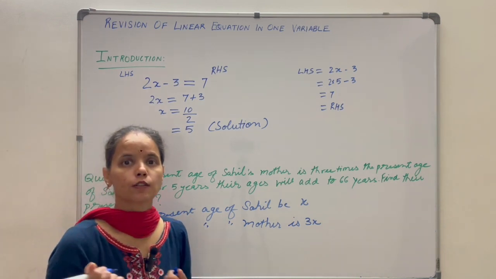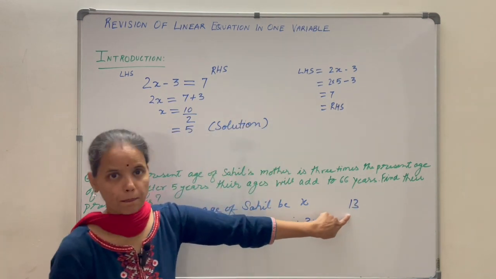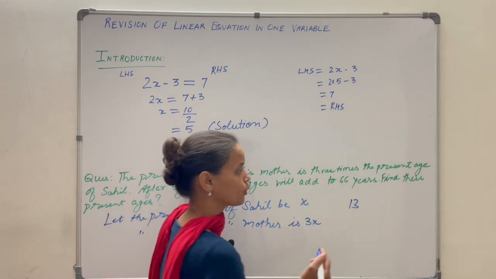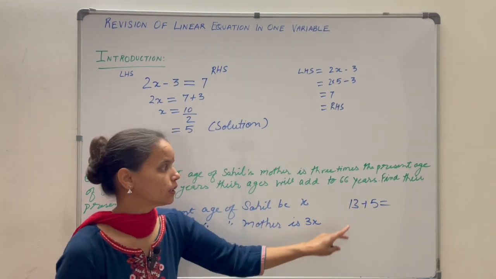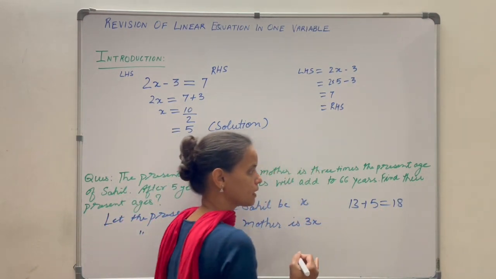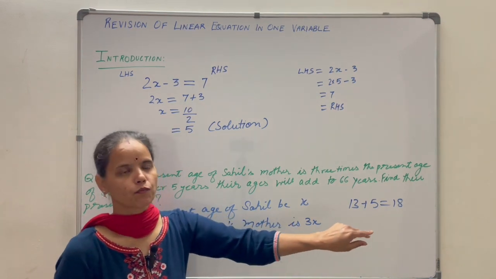Now it says after 5 years their ages will add up to 66. Suppose you are currently 13 years old. This is your present age. How old will you be after 5 years? You will add 5 to that. So 13 plus 5, that means after 5 years you will be 18. So what do you do to the present age? You add 5.